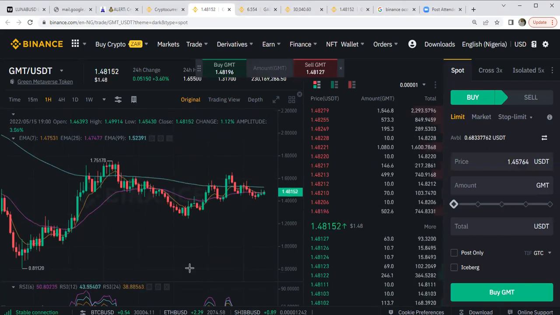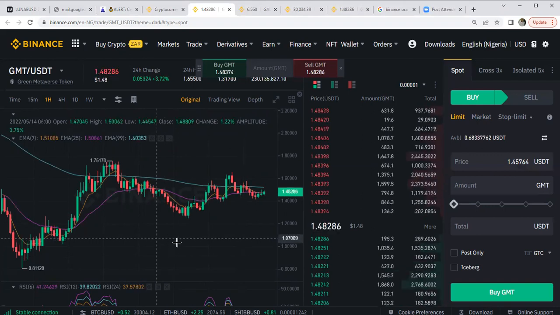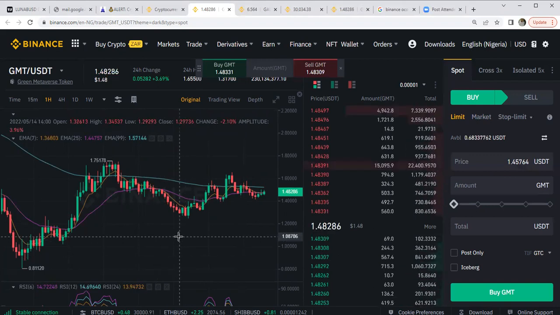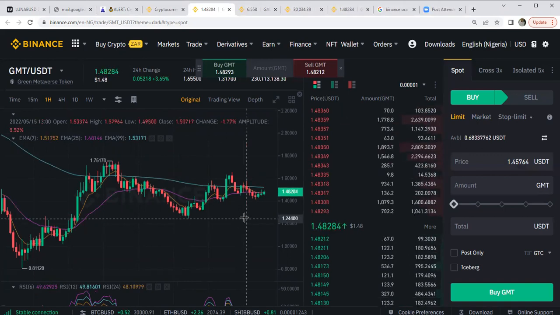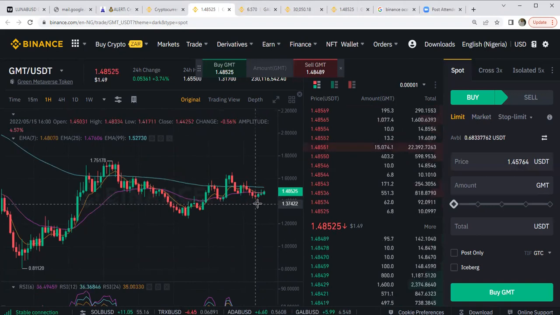So before you put a stop loss, you need to look at the time frame and other trends and how the market is moving. For instance, here is a support, and you can open a trade from here.